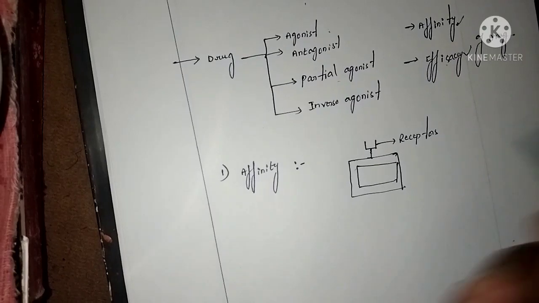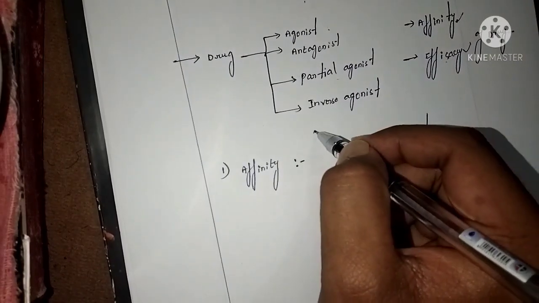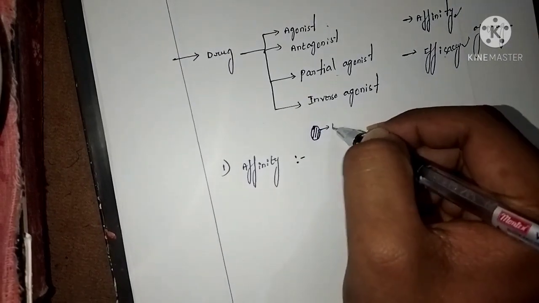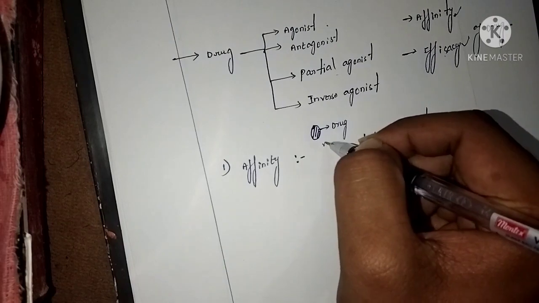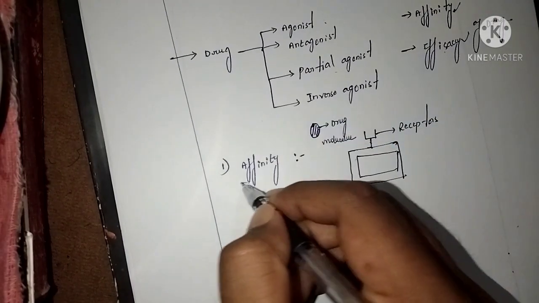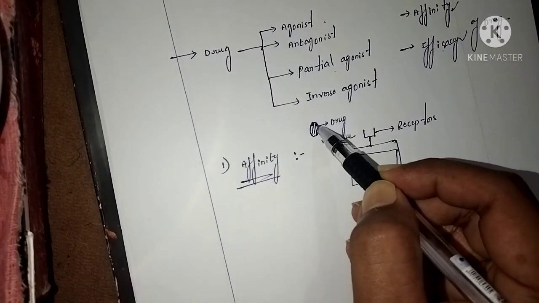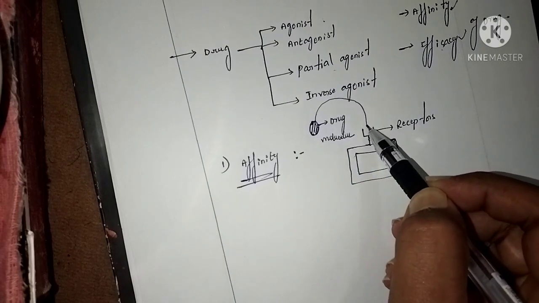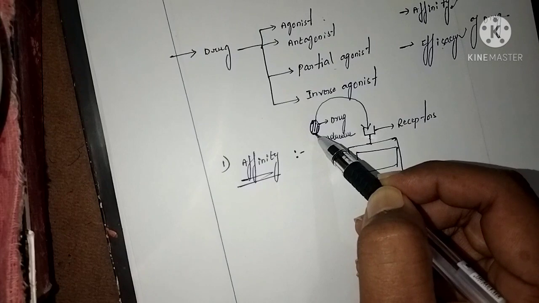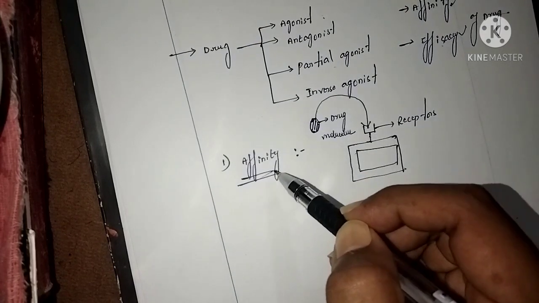Whenever you take a drug molecule, suppose this is a drug molecule, affinity means nothing but the tendency of drug molecule towards the receptor. The tendency of drug molecule to bind to the receptor is nothing but affinity.